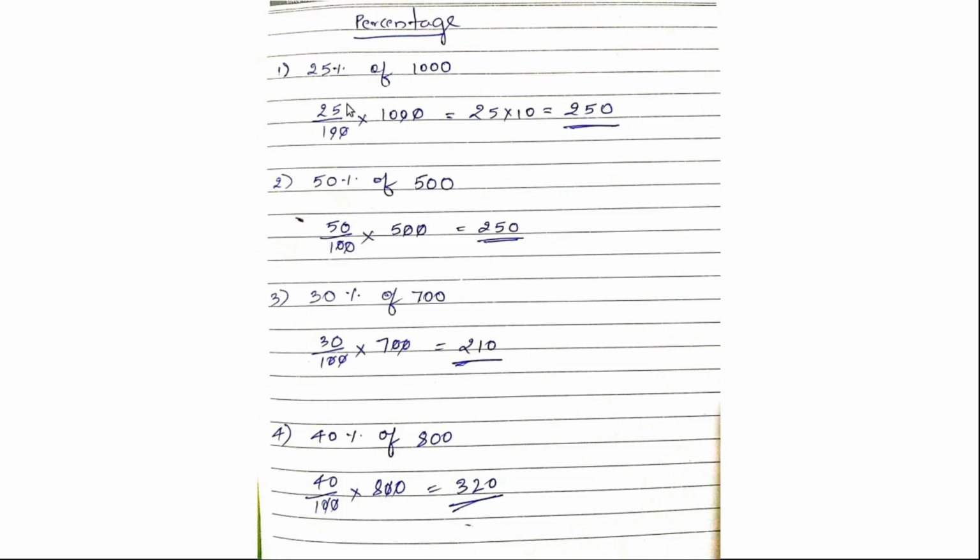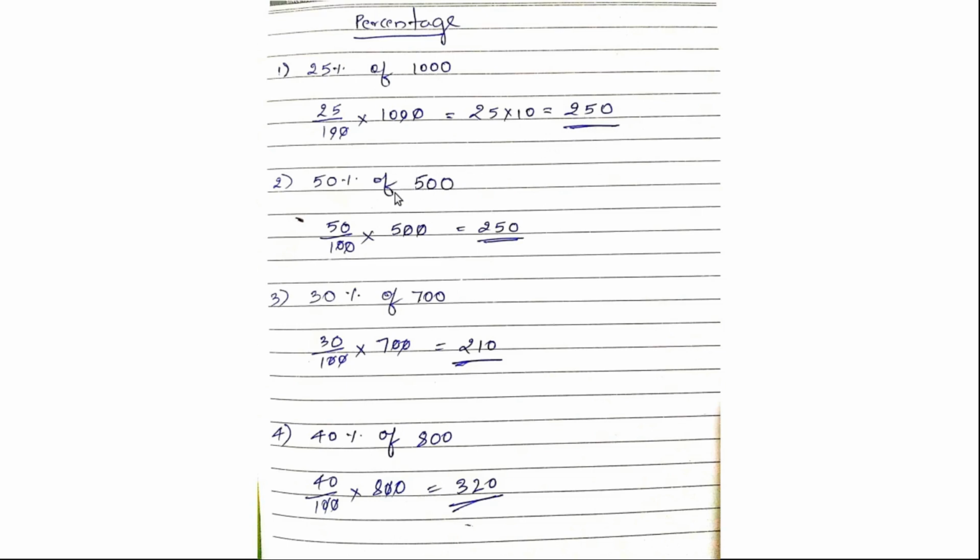Like 25% of this 1000. So how to find 25%? Again, 25 by 100 into 1000, that will give 250. So an item of 1000 rupees, you will get it for 750, that is with an off of 250 rupees.